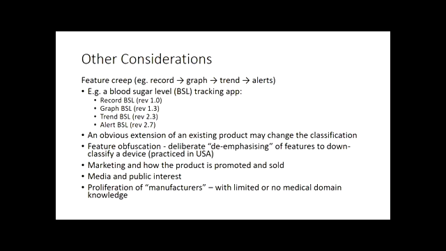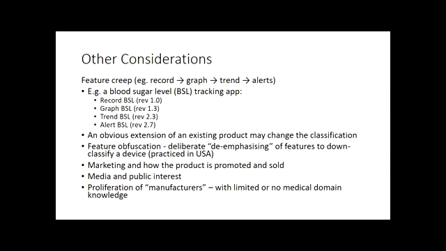The second version might record your blood levels and show you a graph, so you can follow it and see peaks and troughs. The version after that maybe shows you trends, maybe tells you that during this time of day your blood sugar is likely to be high, and during that time of day it's likely to be low, like at night when you're sleeping. And then finally, if it provides an alert, it is now officially a medical device. It means it's providing a diagnosis.